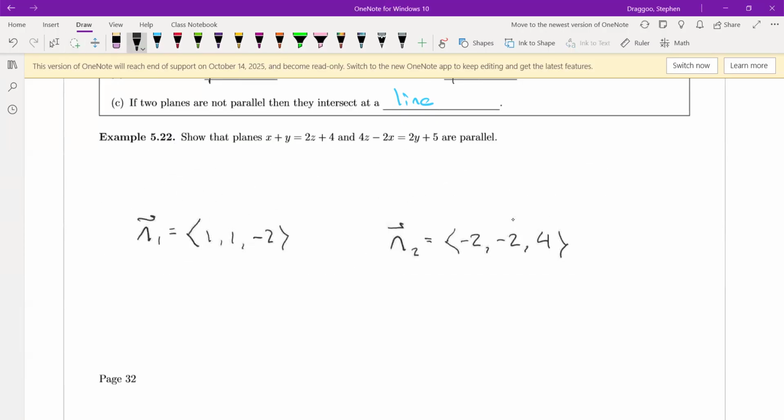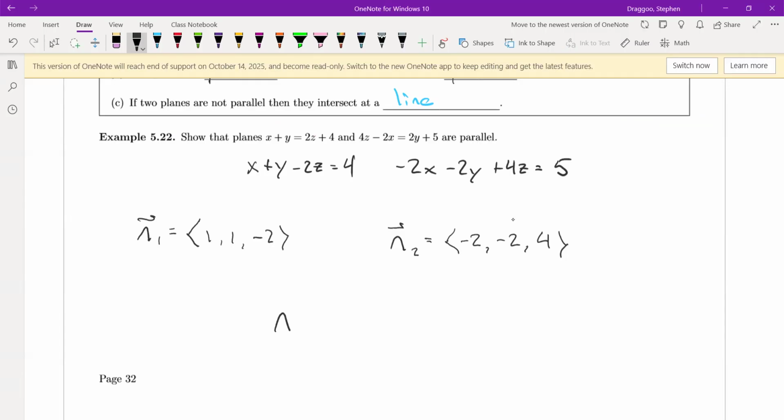Maybe I should be emphasizing where I got that stuff from. I want to put all of my terms on one side in order to have this plane in its general form. So if I just gather all of those pieces on one side, I think those are the numbers I get.